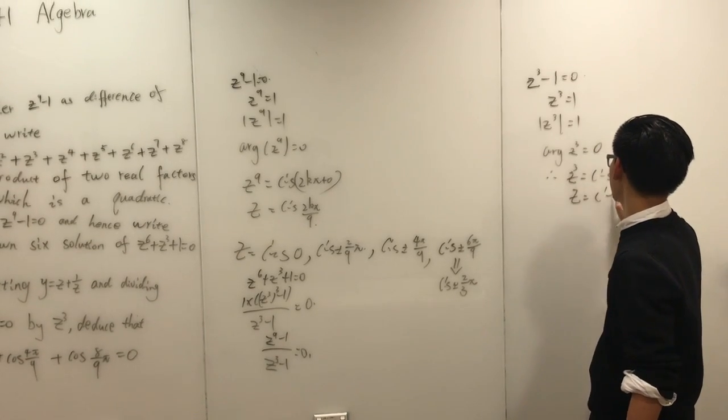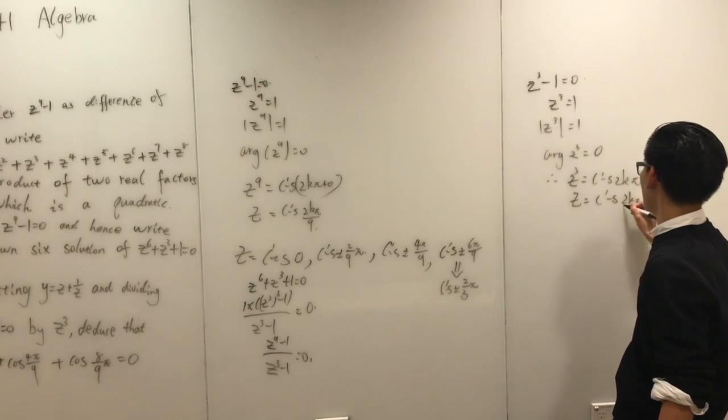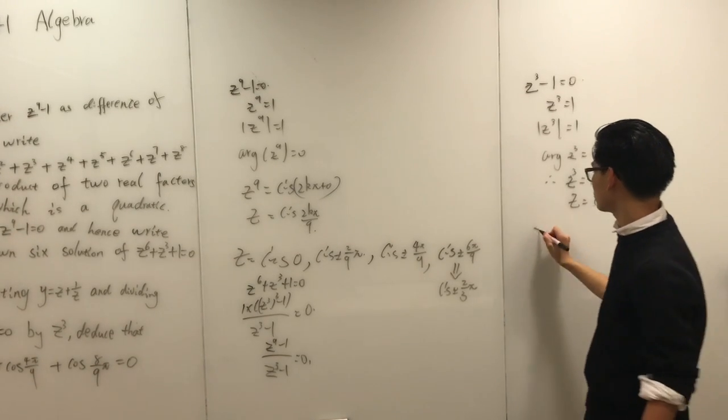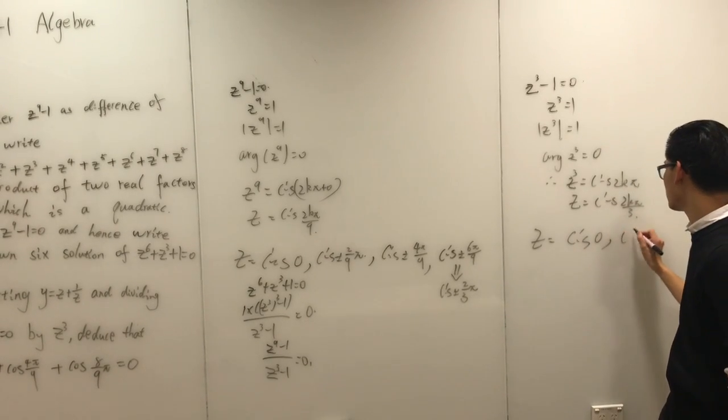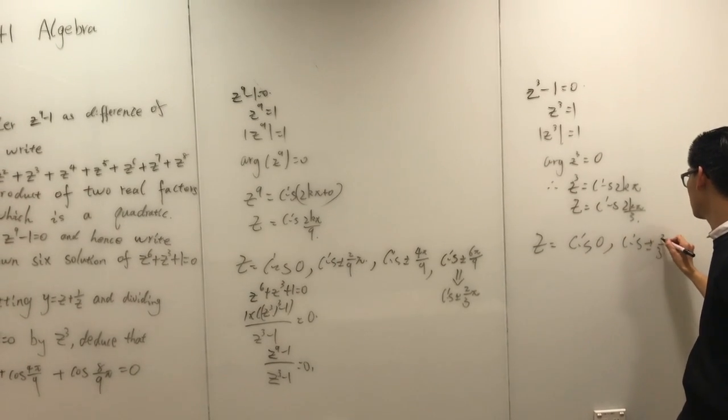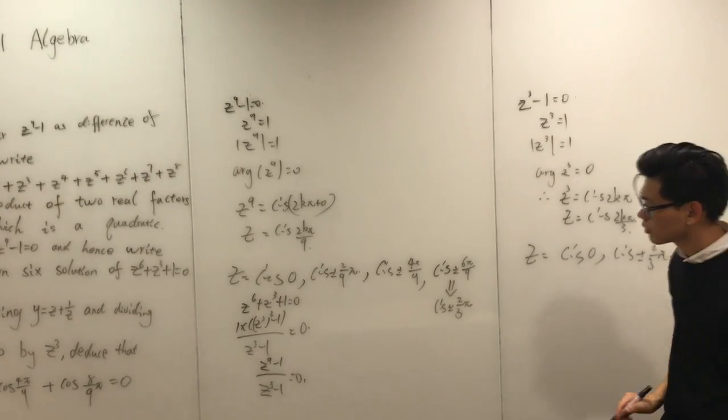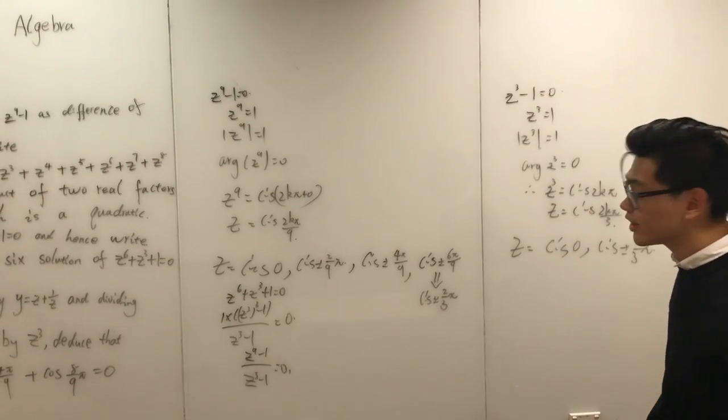Z equals cos(2kπ/3)... so the same thing happens. K equals 0, plus or minus 2π/3, so the answer is quite clear.